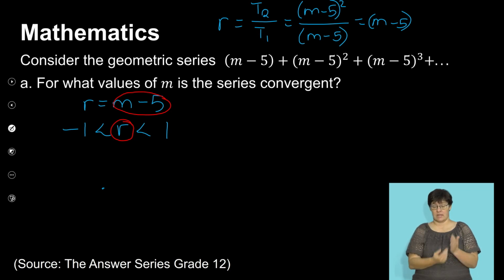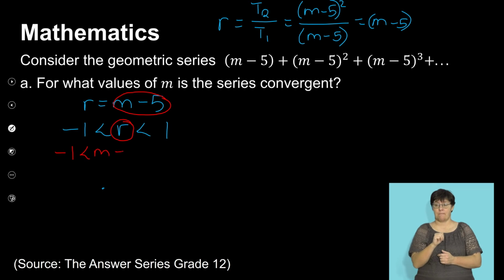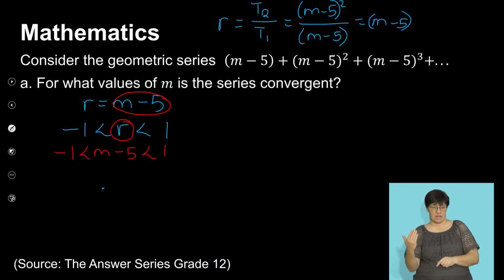On my next line, I'm going to say that the ratio of m − 5 has to be between −1 and 1. We want to know for what values of m this series is convergent. In order to determine the boundaries that will work, I'm going to have to add 5 to the left-hand side of the inequality. I'm also going to have to add 5 to the right-hand side of the inequality.